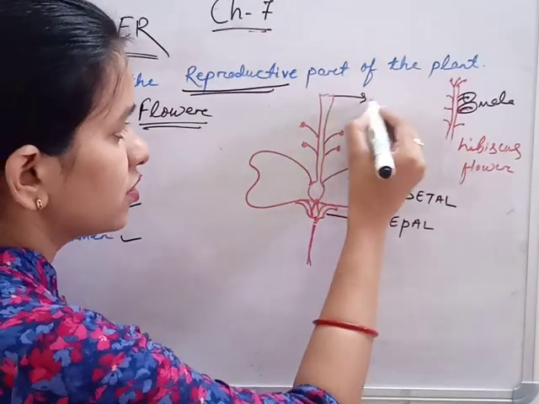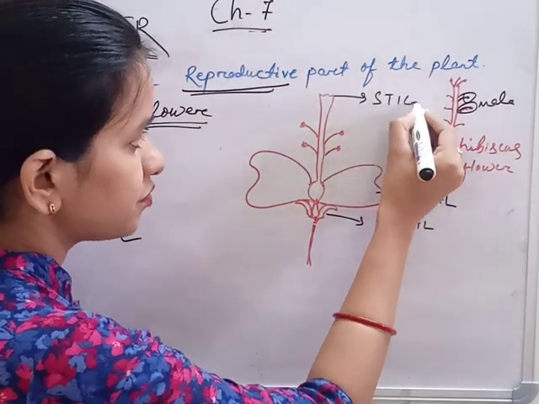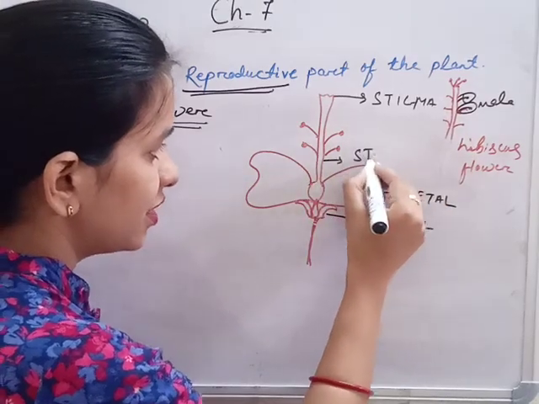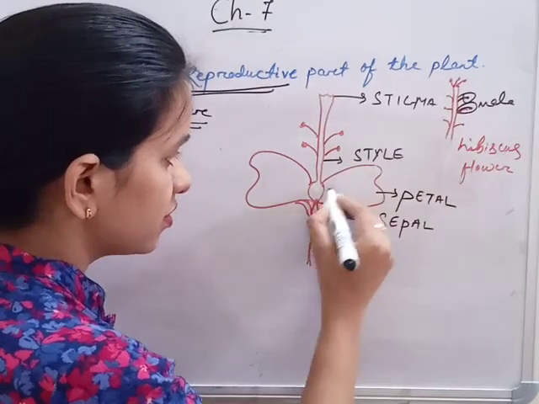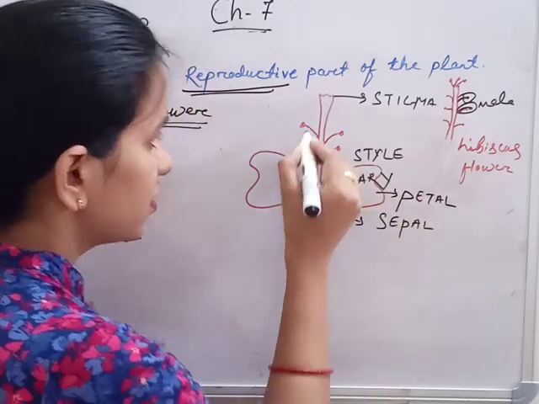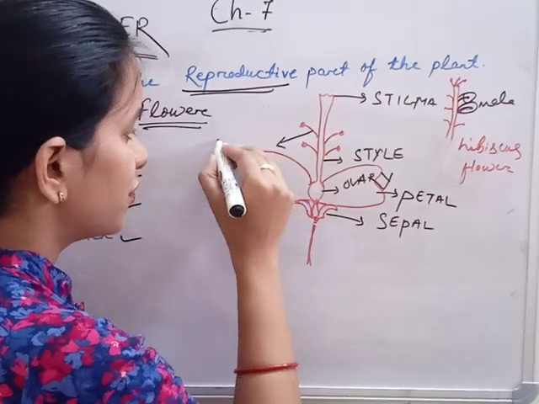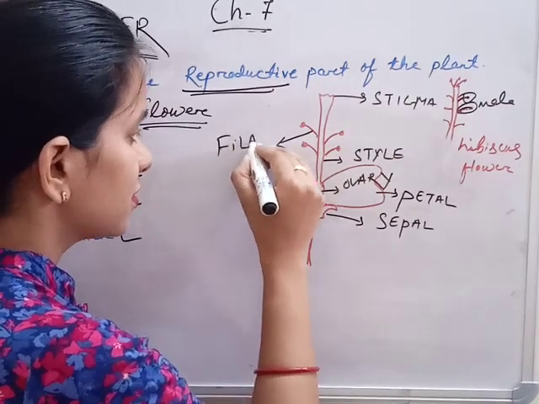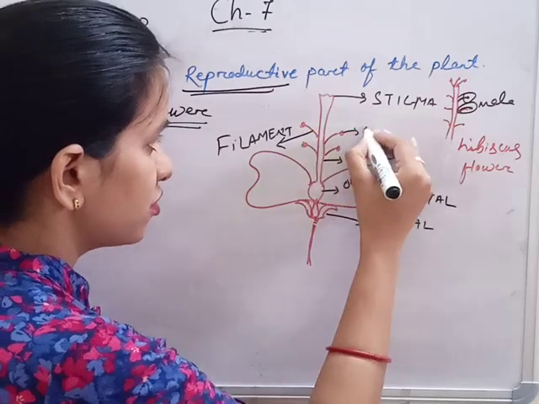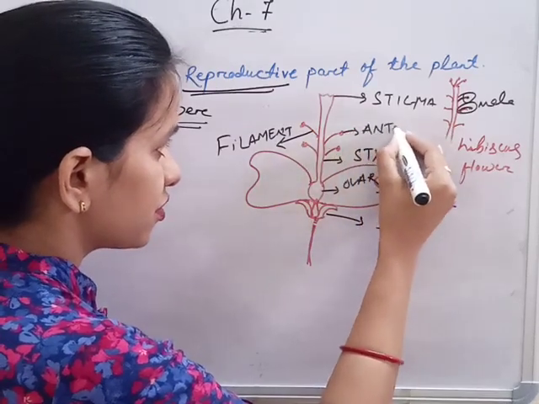This is your stigma. This is your style. This is your ovary. This part is your filament, and this part is your anther.